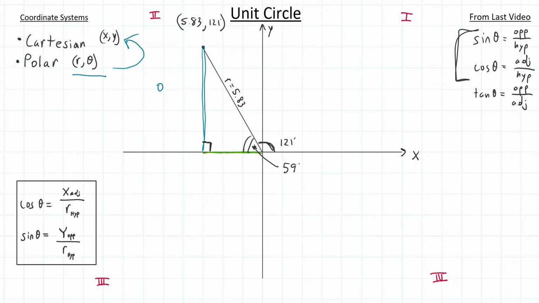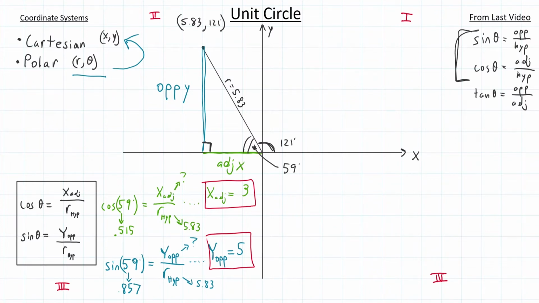The opposite of this right triangle is our y, and the adjacent of the right triangle is our x. Okay, so now we have this sort of cosine and sine approach set up. It's just that we're not using 121 degrees to do this. We're using this 59-degree angle of focus right triangle to do this. Alright, so now we'll do our cosine to find the x and our sine to find our y.